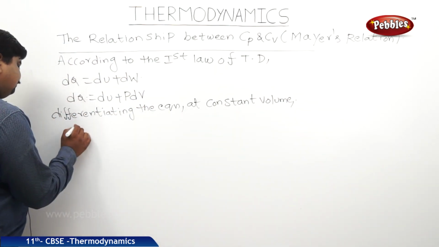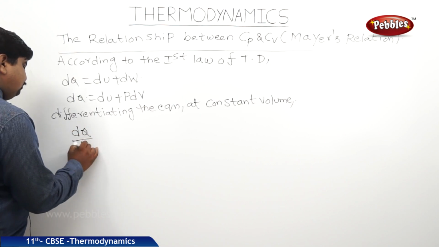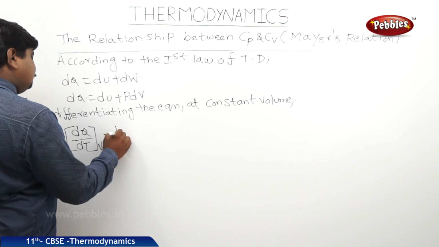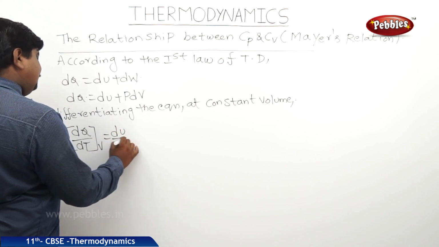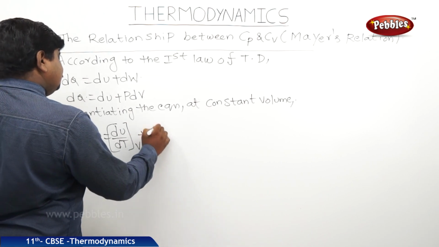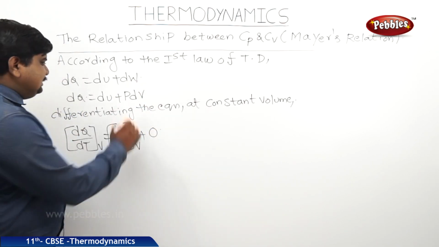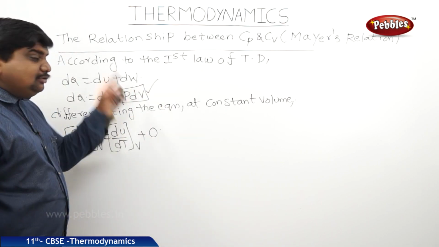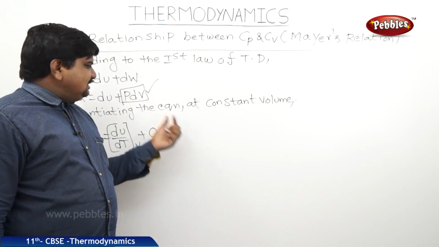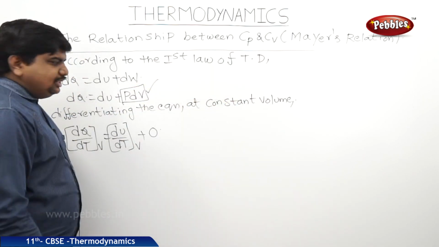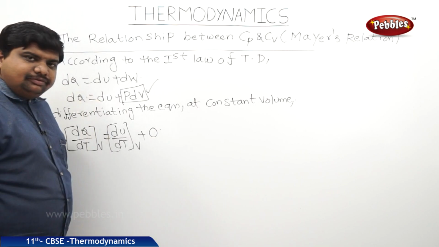Therefore, dq by dt at constant volume is equal to du by dt at constant volume plus 0. Because work done is the product of pressure and change in volume, and we are differentiating at constant volume, dv will become 0. Therefore, this part will become 0.